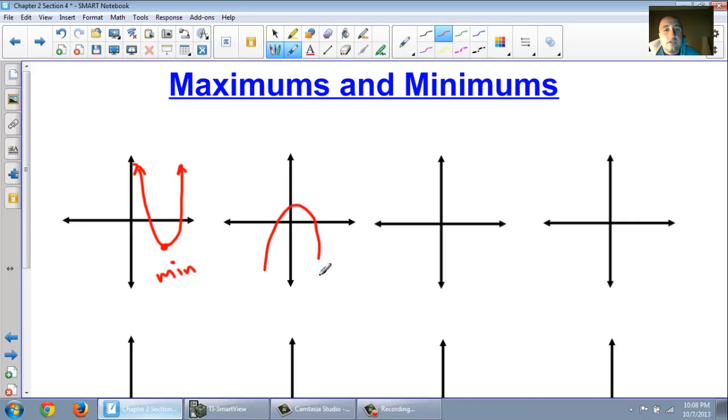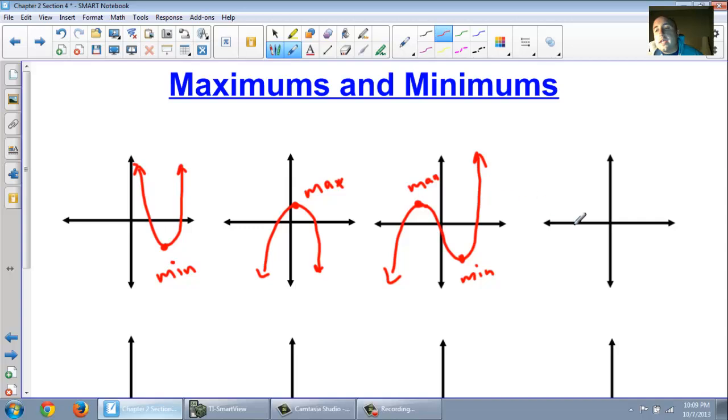Vice versa, if our parabola opens downward, this point up top is called the maximum because it's the very topmost point. What happens if we're doing an x cubed graph? This one has a maximum and a minimum, because it has one high valley and one low valley.